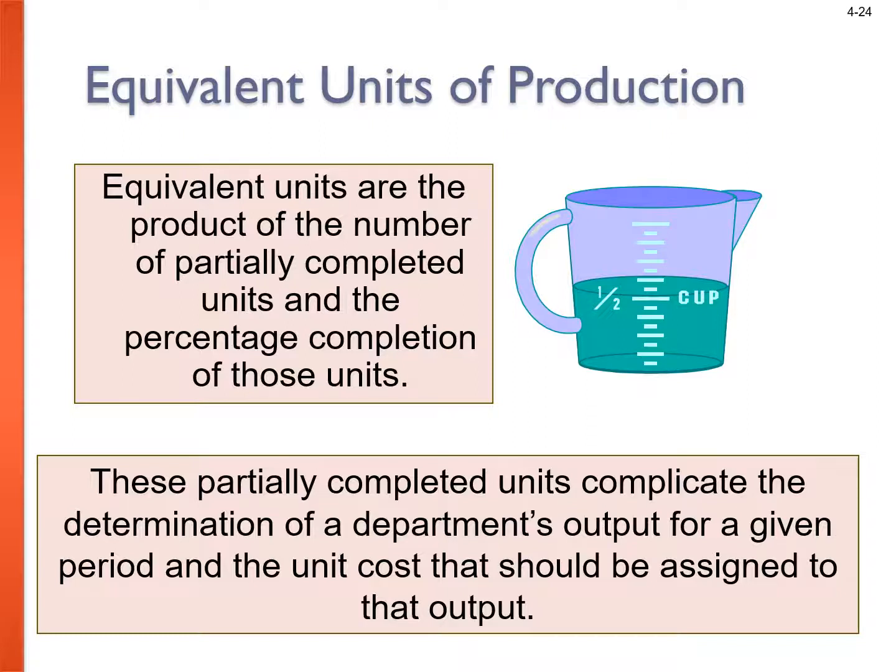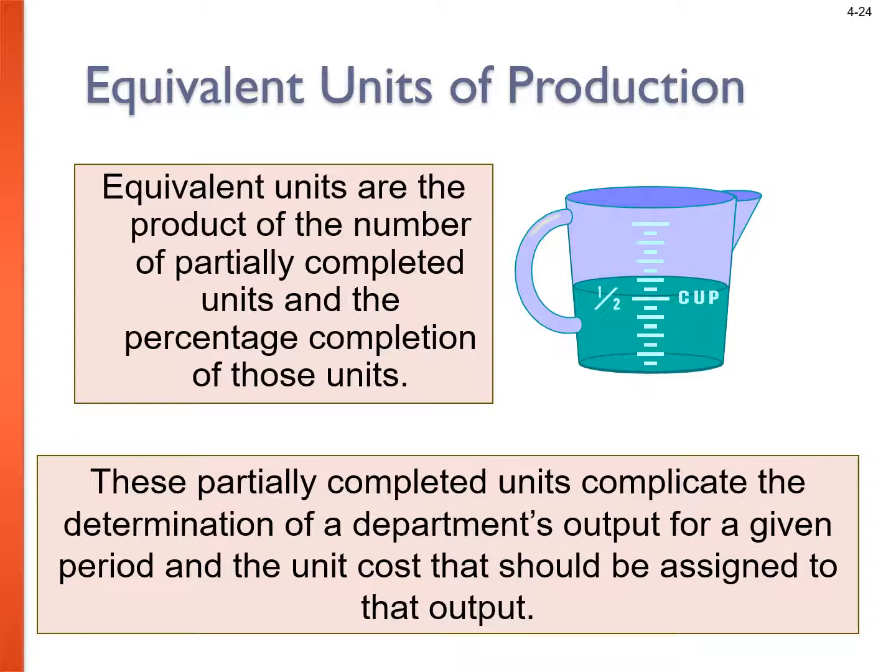So it could be a unit that is half complete. Well, how do you convert that to call it a unit? These partially completed units complicate the determination of a department's output for a given period and the unit cost that should be assigned to that output.